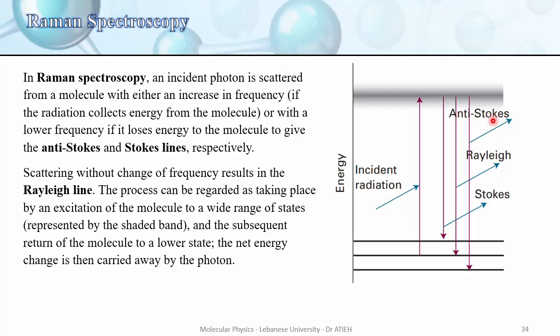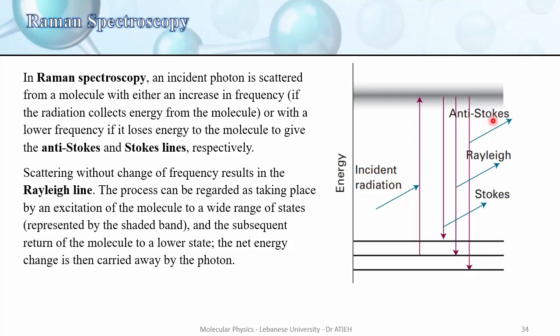These scattered photons may either have an increase in frequency with respect to the incident photons, in which case they give rise to anti-Stokes lines in the spectrum, or the scattered photons may have a lower frequency in comparison with the incident photons, and in this case they will give rise to Stokes lines in the spectrum, or these scattered photons have the same frequency as the incident photons, and in this case they give rise to a Rayleigh line. It's a single line.